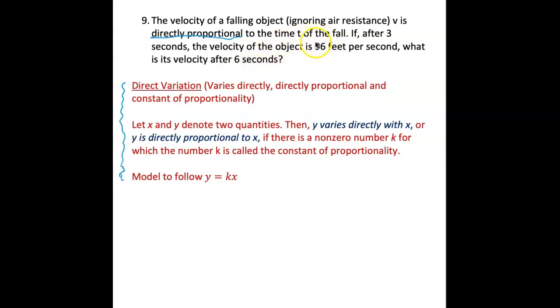If after 3 seconds, the velocity of the object is 96 feet per second, what is its velocity after 6 seconds? Well, let's review a little bit about direct variation. So direct variation varies directly. That's one possibility. Or directly proportional, and a constant. These are somewhat difficult vocabulary for me.